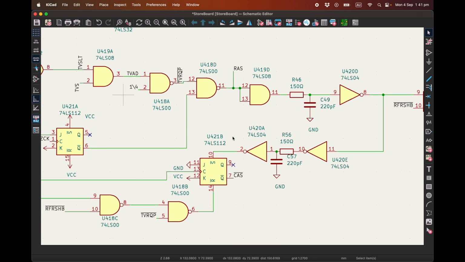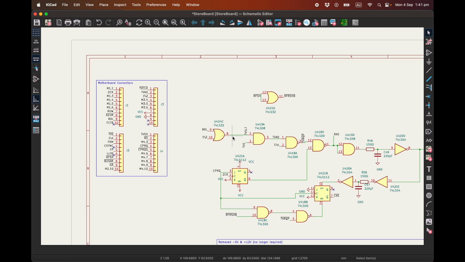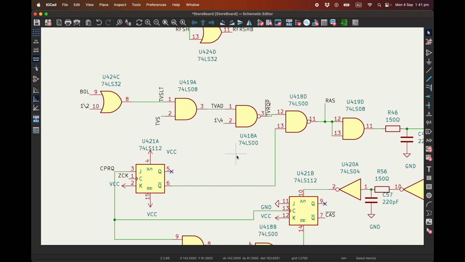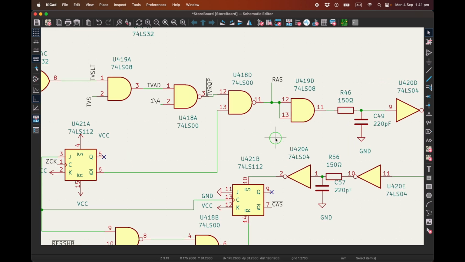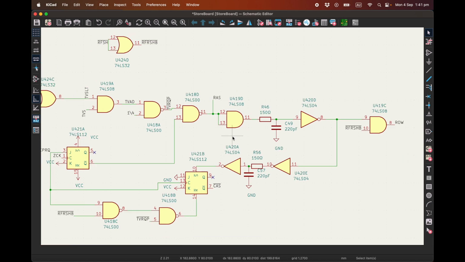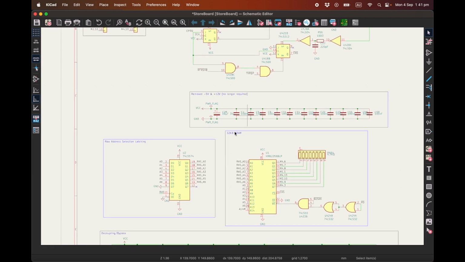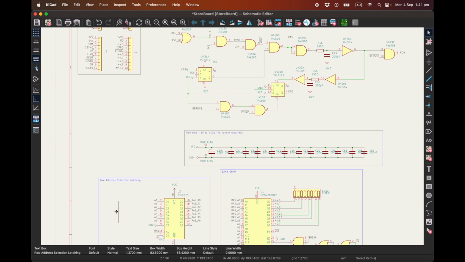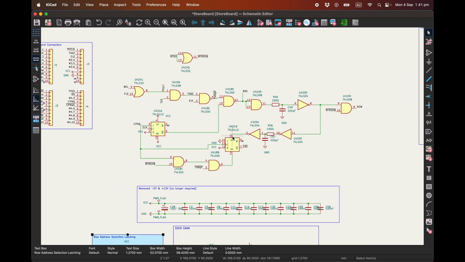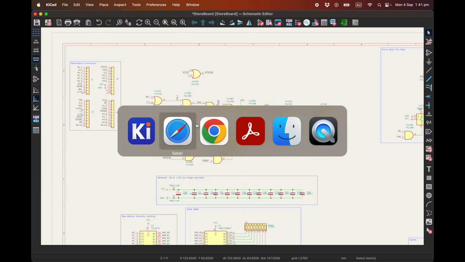Whatever we get here has absolutely nothing to do with refresh or A14. Well, we've got refresh there, and we do have CAS here. But essentially that's it. Seems too simple, but that's how the logic's working here.